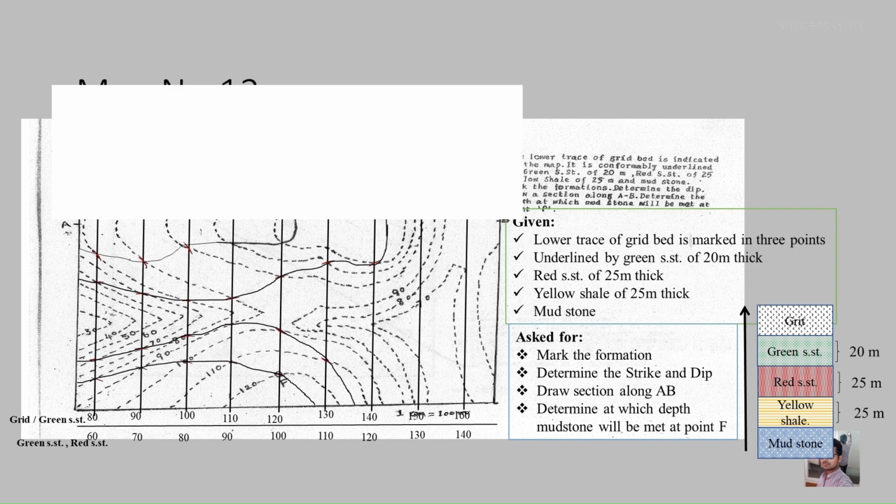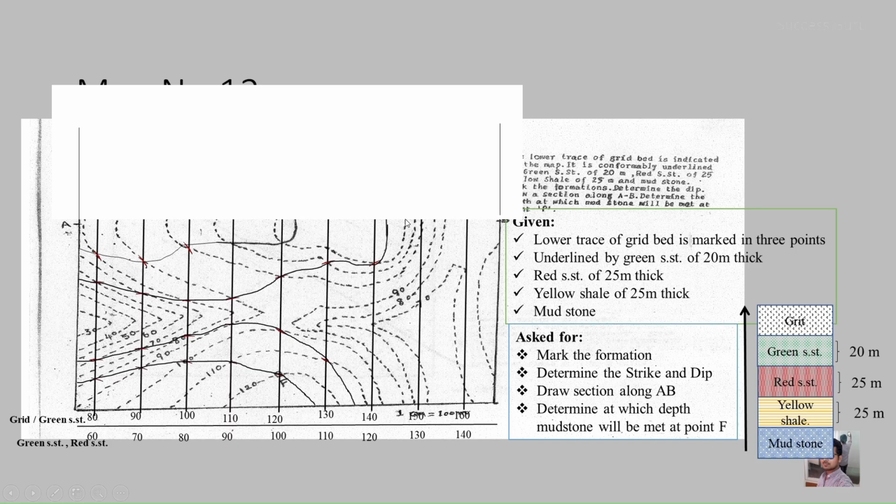The very first step is to mark the AB line. This line is the extension of the left hand margin of the map, that is the western margin, and this line is the extension of the eastern margin of the map. Then we have to fix the region of the profile drawing. In this line you can see the lowest contour value is somewhere near 80 and the highest contour is somewhere near 120.